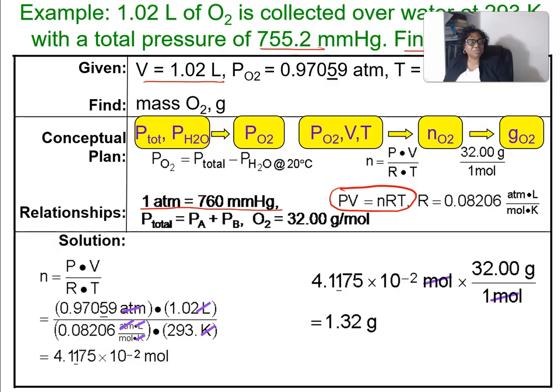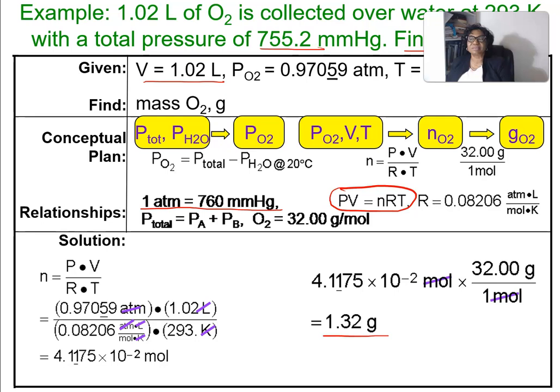Then you use your molar mass to find the mass of oxygen. So that is how you can collect gas over water and find the mass of the gas you collected.